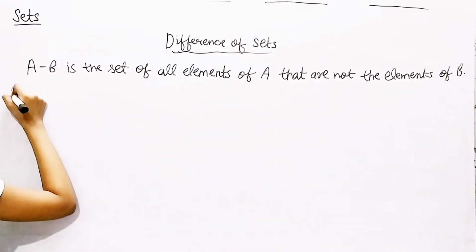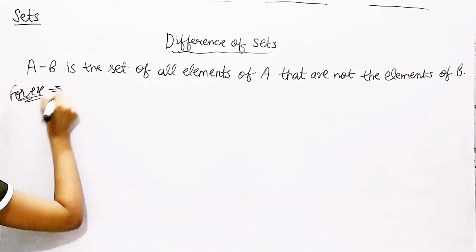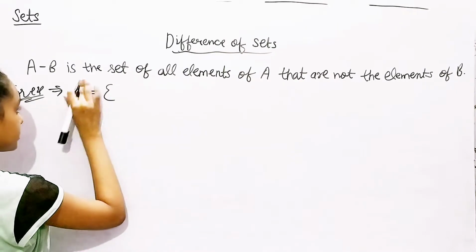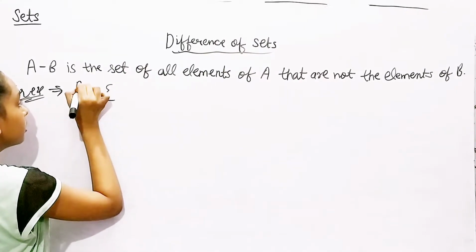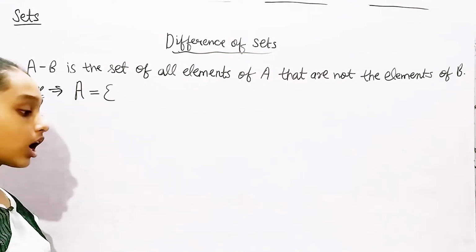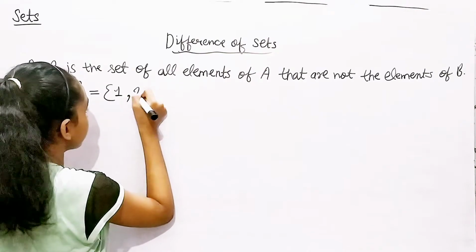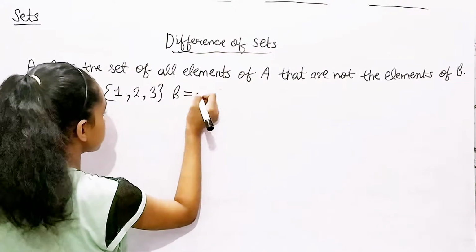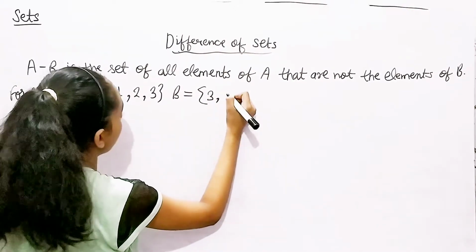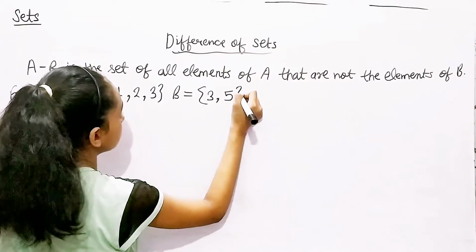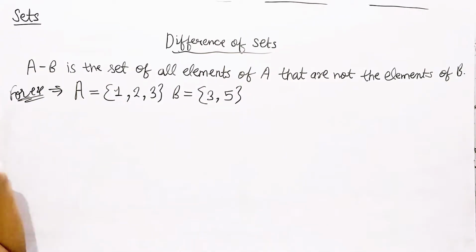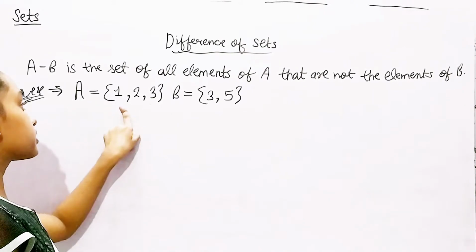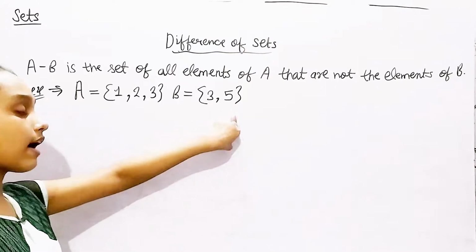Let's say that set A is equal to the elements 1, 2, and 3, and set B is equal to the elements 3 and 5. So we have two sets and their elements are given to us.